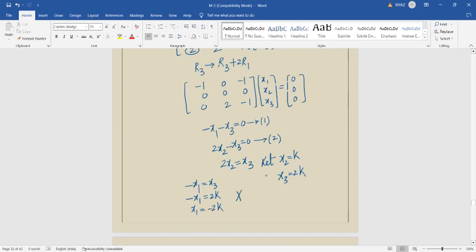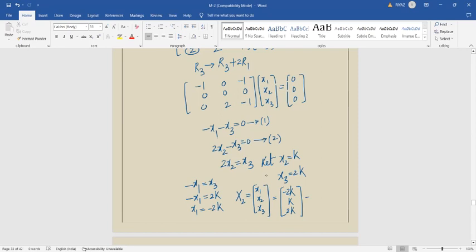Now our corresponding eigenvector x1, x2, x3 is equal to x1 is minus 2k, x2 is plus k, x3 is plus 2k.